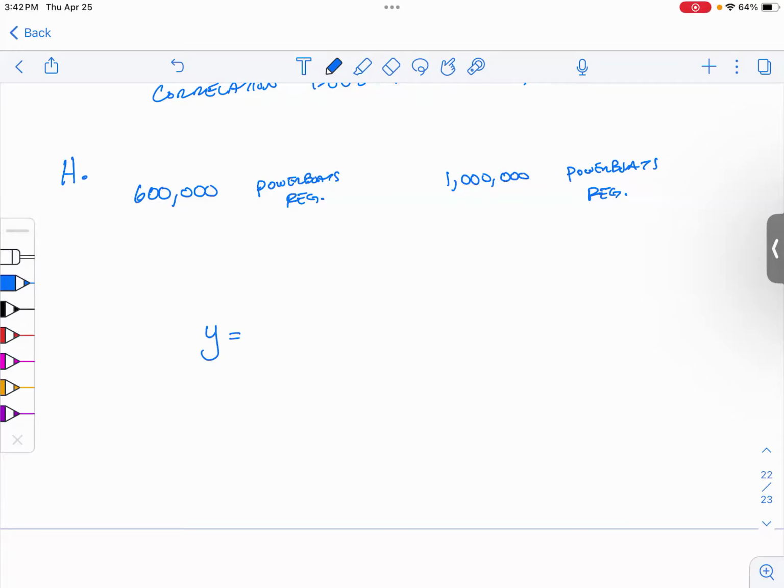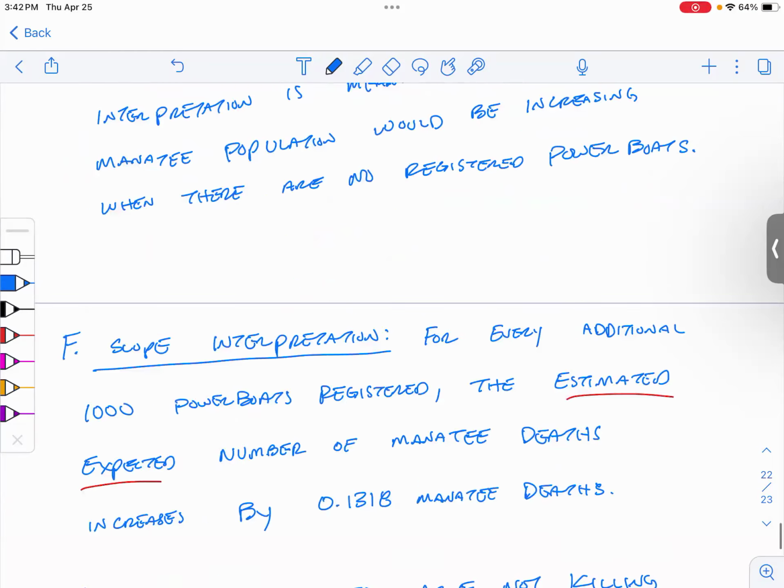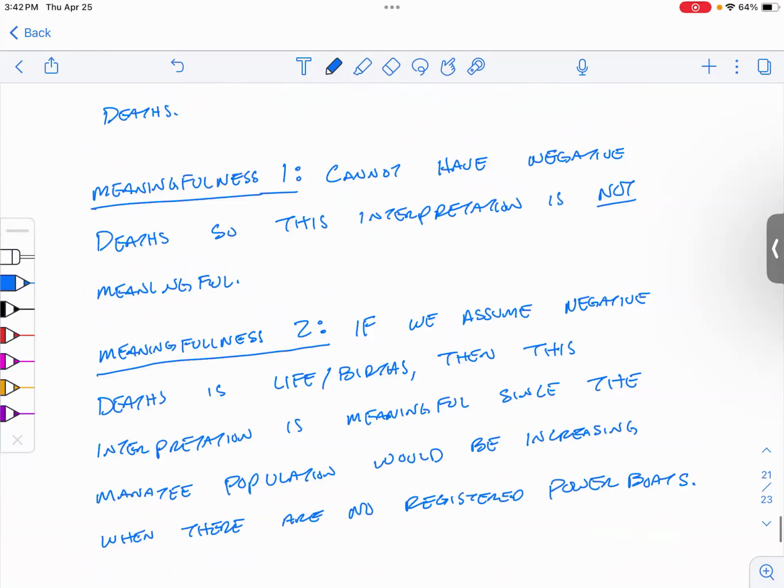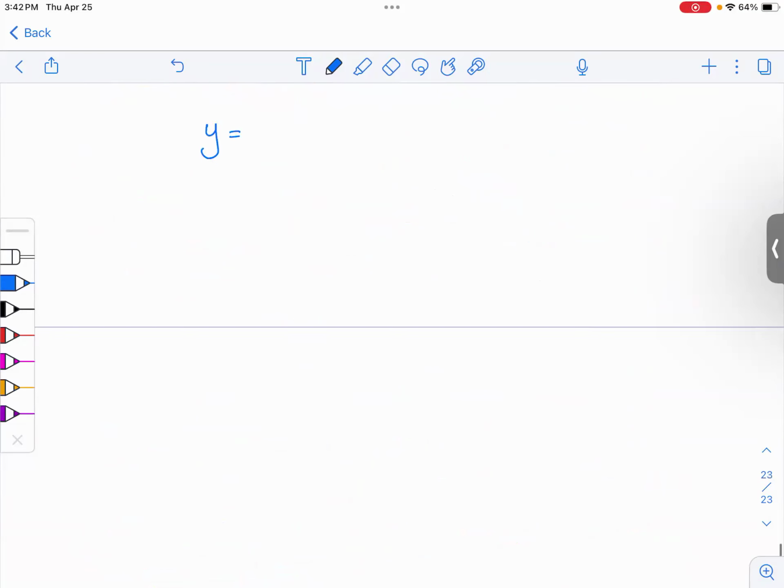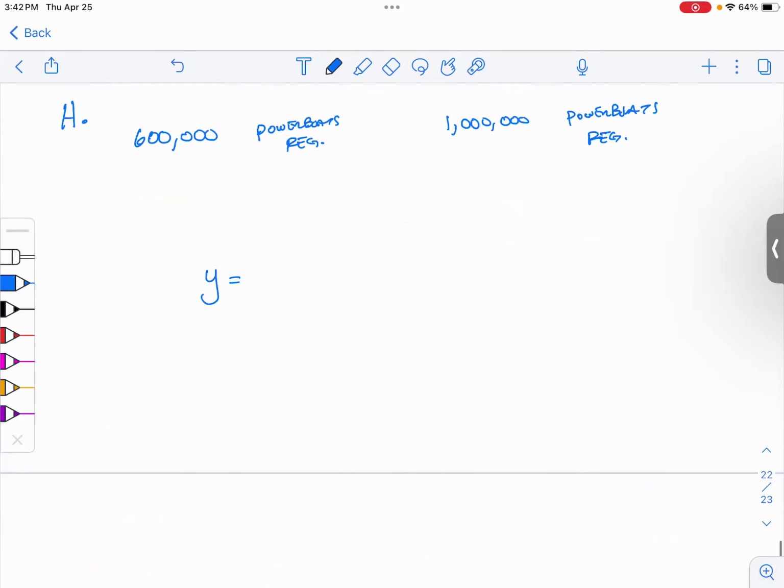Y equals negative 4589 plus our slope times X. This is our equation for registered powerboats, the exact same equation you gave us in StatCrunch.